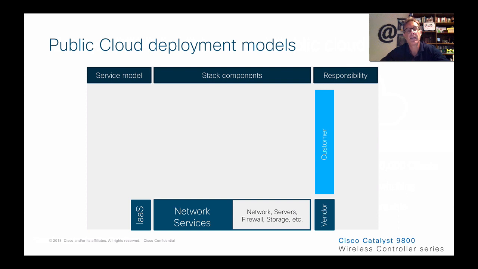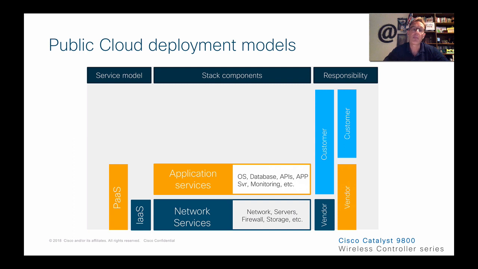So the first one is the infrastructure as a service model. Here the public cloud vendor provides basically the routing and switching, so the networking piece, the firewall and security part, and of course the compute. And it's up to the customer to deploy their application and manage the application.